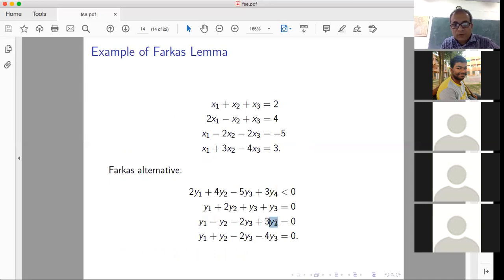These are all y4s; the earlier one was a typo. So plus y4 is equal to 0. Similarly, y1 minus y2 minus 2y3 plus 3y4 is equal to 0. And y1 plus y2 minus 2y3 minus 4y4 is equal to 0. So the Farkas lemma basically says that this has a solution if and only if this has no solution. Okay.